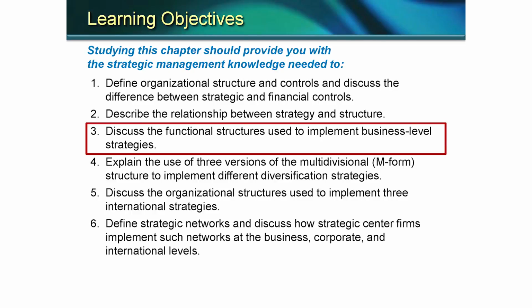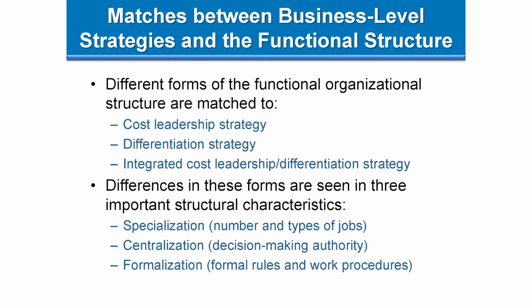Now we look at the functional structures used to implement business level strategies. We focus on three business level strategies and different forms of the functional organizational structures that are explained by three different characteristics: the number and types of jobs, decision-making authority, and formal rules and work procedures.